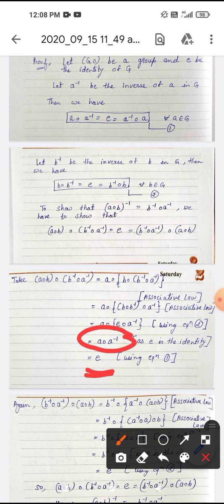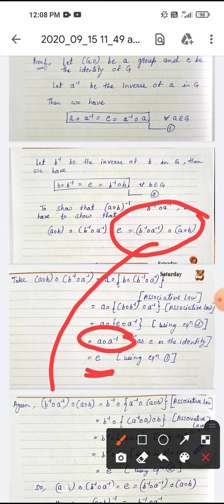Now we will prove this part. So we will start with taking this part, B inverse operation A inverse operation A operation B. Again these two elements B inverse operation A inverse are treated as two elements and A operation B is treated as a single element.